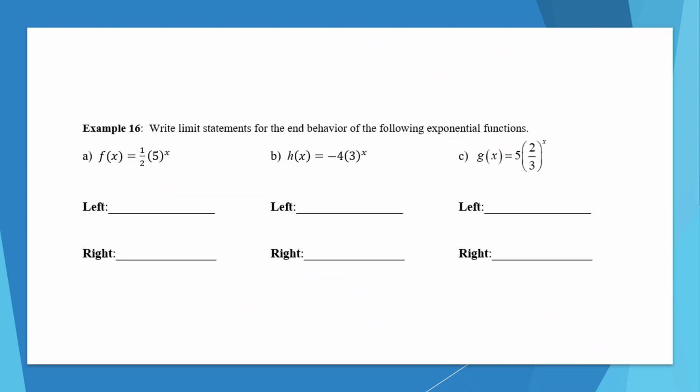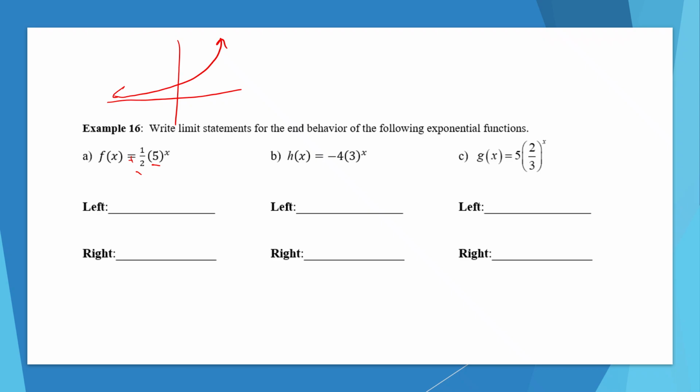Right, so let's try example 16: write limit statements for the end behavior of the following exponential functions. Here we see our b value is greater than 1, it's 5, and our a value is positive. That's all we really care about. We don't care that it's less than 1. It's just positive. So this should be exponential growth.